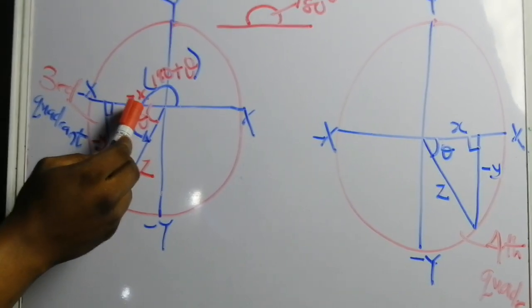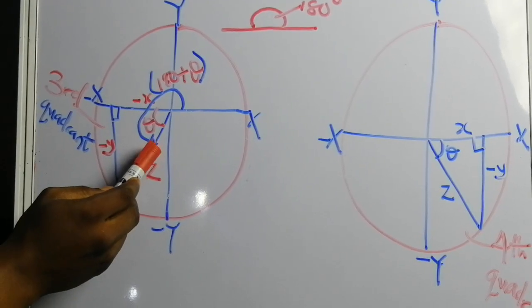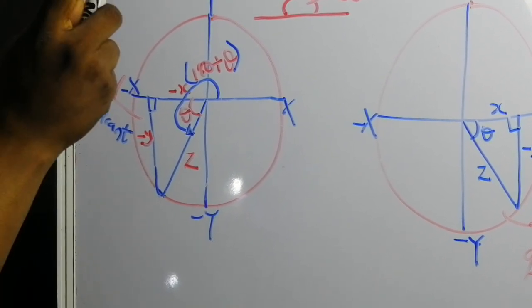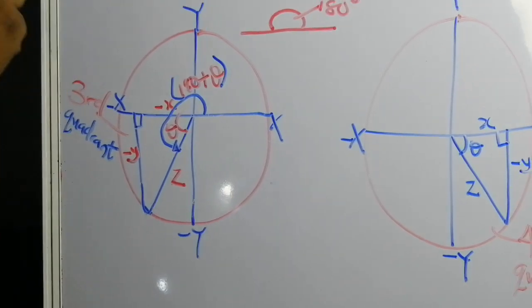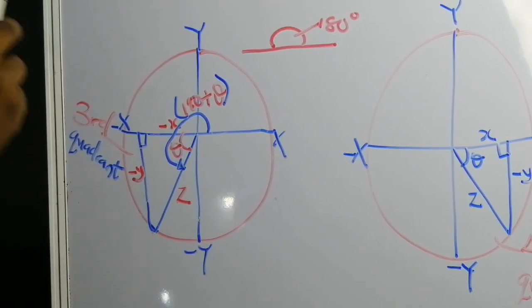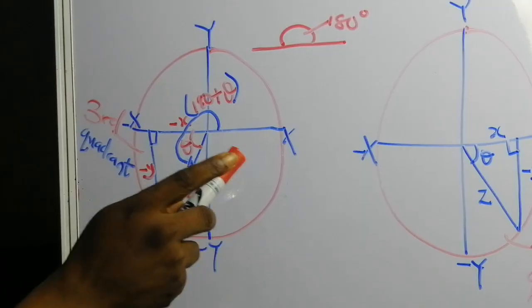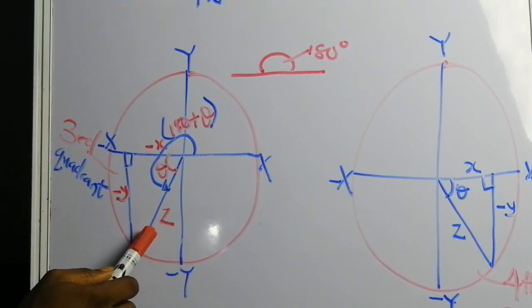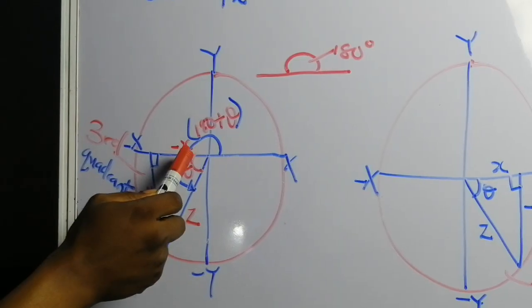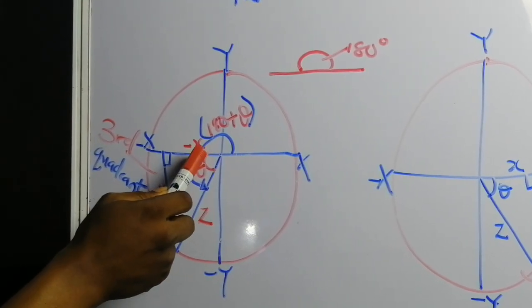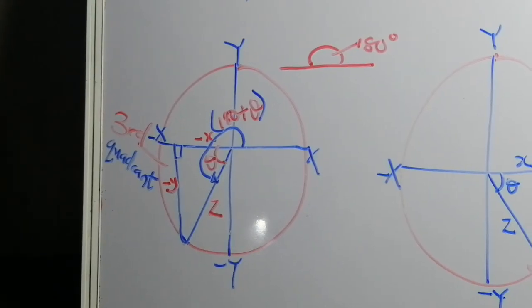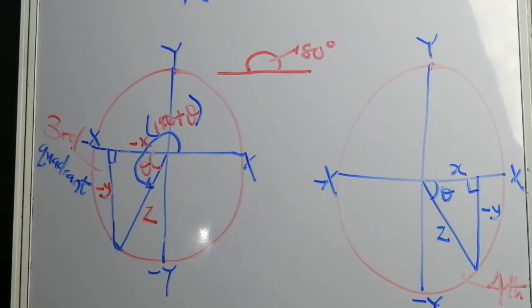If angle on a straight line is 180 degrees, you have a straight line here. So 180 plus this angle here, which is relating to the hypotenuse. In the first and second quadrants, we are picking the angle related to the line of the hypotenuse. So this is the hypotenuse side, and from here to here is 180. 180 plus this angle gives us 180 plus theta.